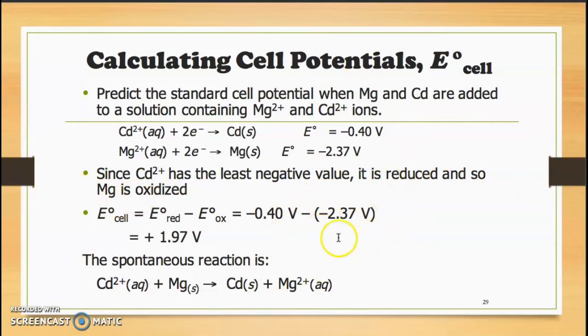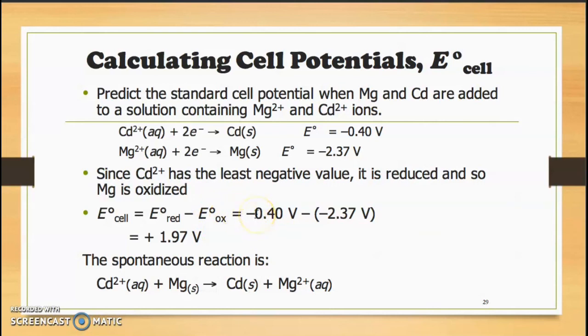Then use this formula: the standard cell potential is equal to the SRP for the reduced, meaning the reduction, minus the SRP for the oxidized, the oxidation.